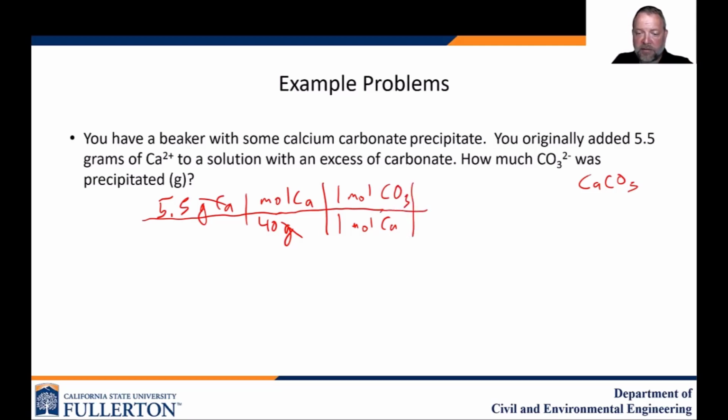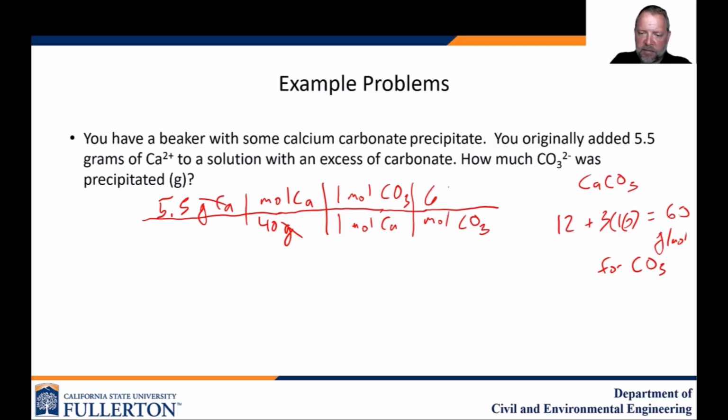And we know that a mole of carbonate weighs 60 grams. 12 is carbon, 16 for oxygen, and we're left with 60 grams per mole for carbonate. Okay, so we know a mole of carbonate weighs 60 grams. And we can cancel out moles of calcium, moles of carbonate, and we're left with grams. And that's the unit that we're looking for.